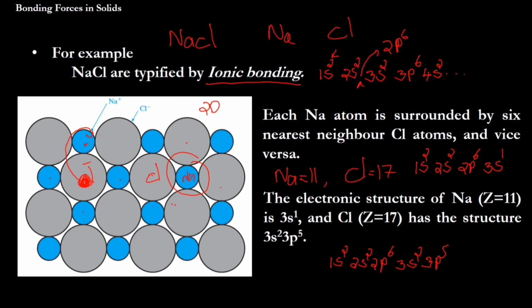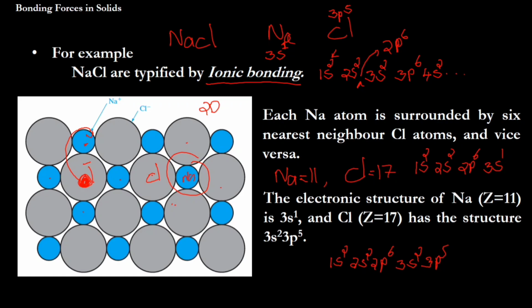So when I bring Na, having 1 electron in the last orbit, and chlorine, having 5 electrons in the last orbit, together, what will happen?